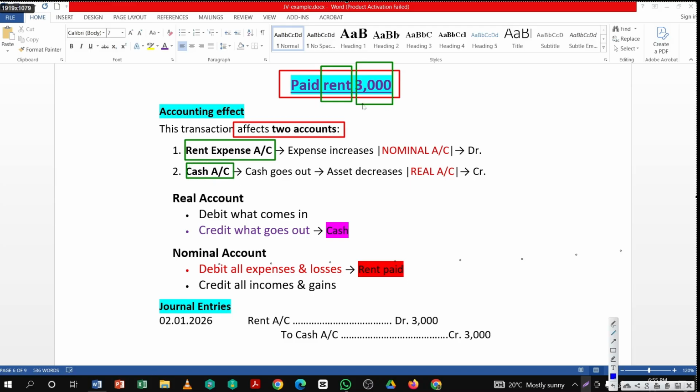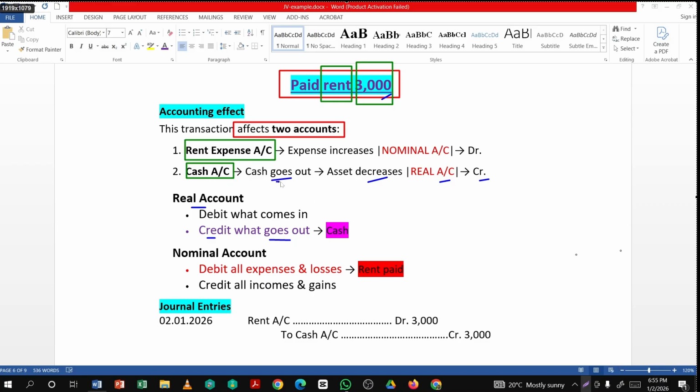When cash 3,000 taka is paid, cash goes out, that is asset decrease. Asset decrease means real account, that is credit. In golden rules, real account, when anything goes out, this will be credit.